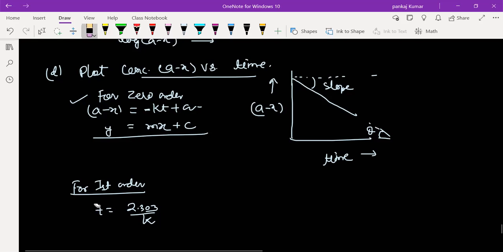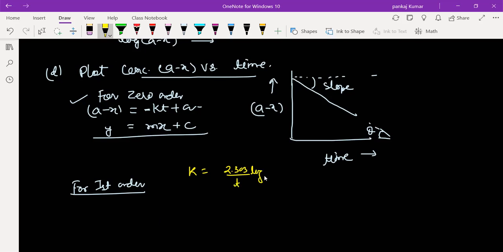Remember, k is equal to 2.303 by t, and this is log a by a minus x, right?